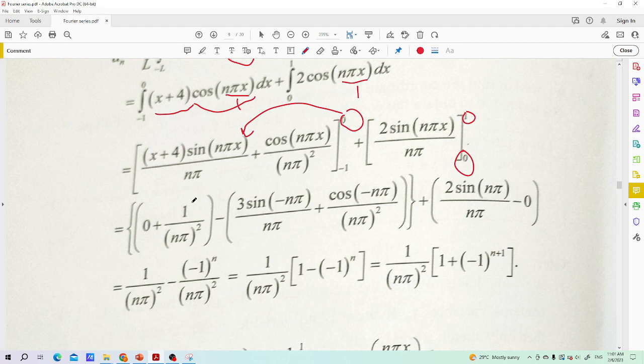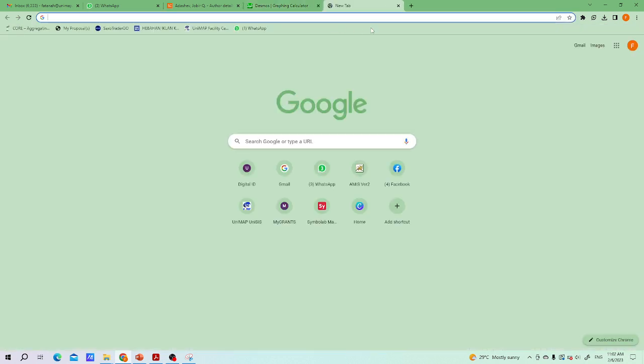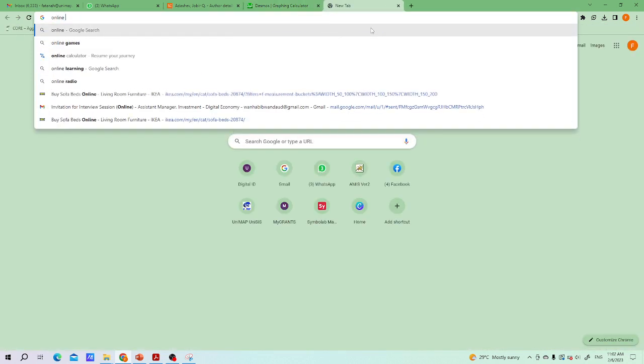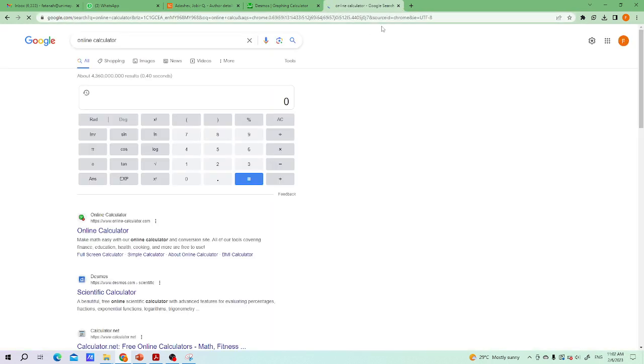So we are left with this. Either this gives a value sine 0. So sine 0 we will get 0 or 1.